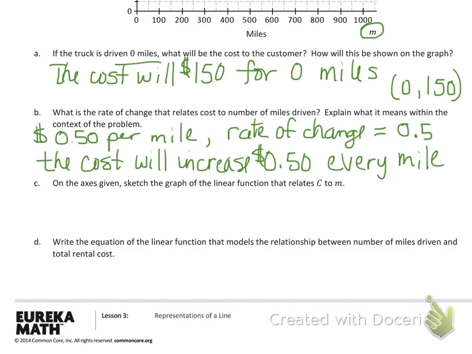So part C, on the axes given, sketch the graph of the linear function that relates C to M. So we have 1 point already, so we're going to need a couple other points. And so let's look back at our graph to see which ones we might want to do.